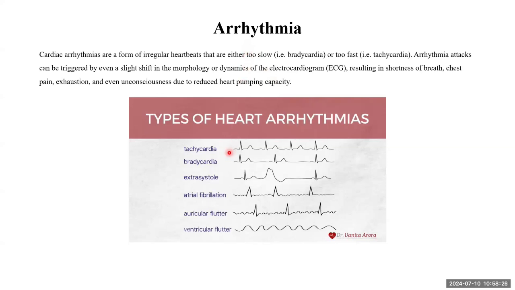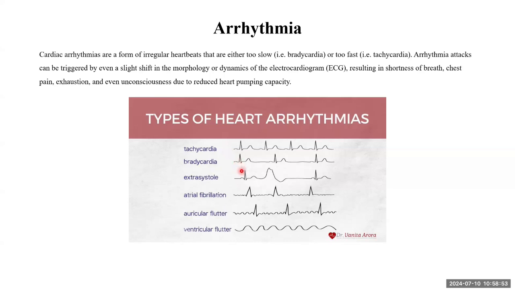So arrhythmia can involve a very slow heartbeat, or it can be at a very high speed, which means the rate of contraction of the abnormal heart rhythm can be very fast. That would be tachyarrhythmia. If the speed of the abnormal rhythm of the heart is slow, that would be bradyarrhythmia.